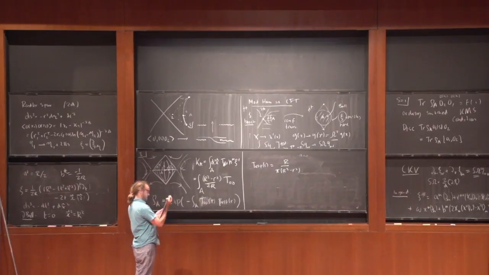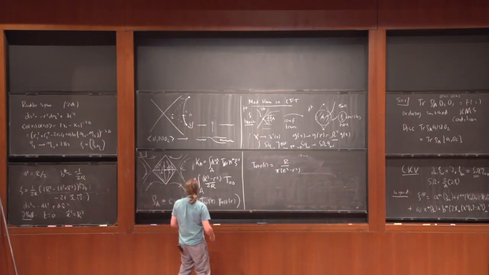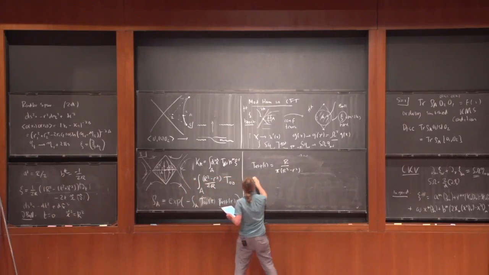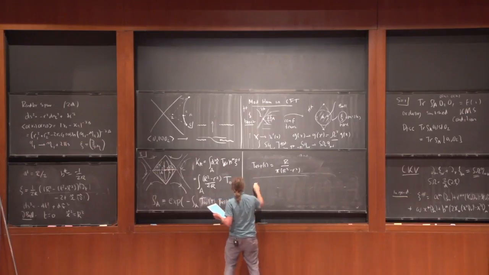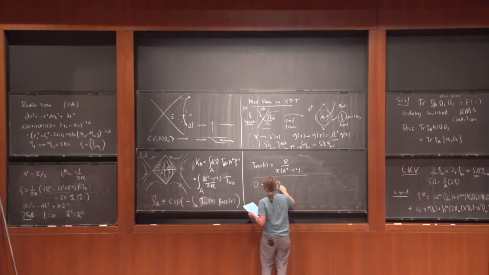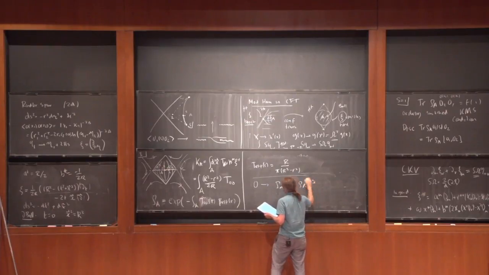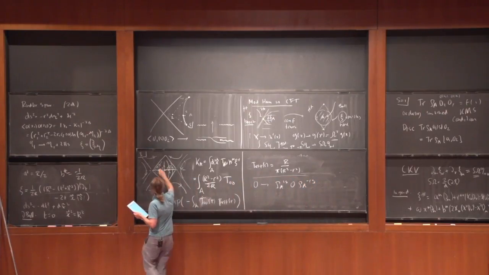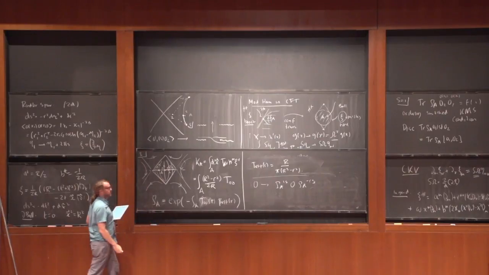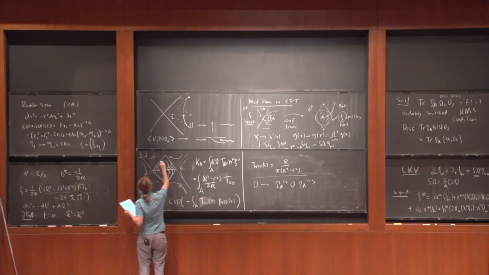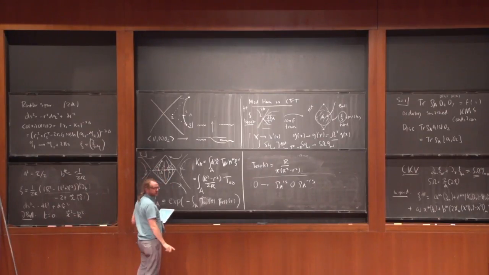Okay, very good. The other thing, which I alluded to, is that if we now do modular flow with this operator, if you start with a local operator, it stays a local operator, but it moves along these lines here. There's an additional subtlety though.